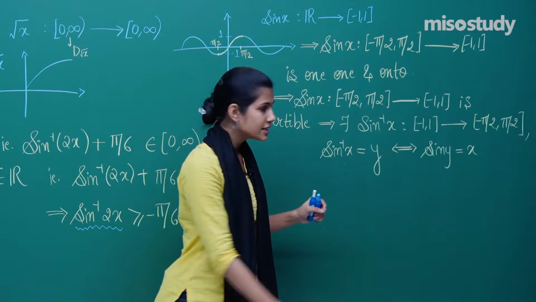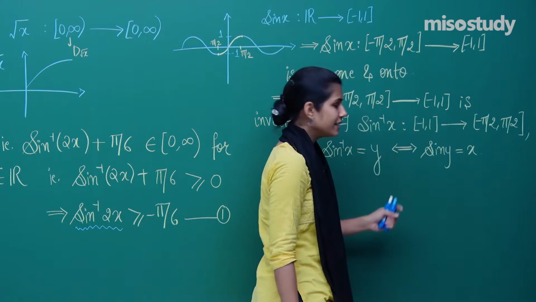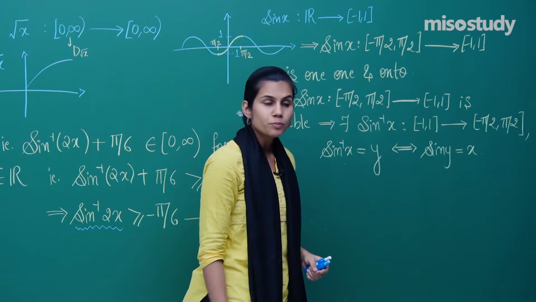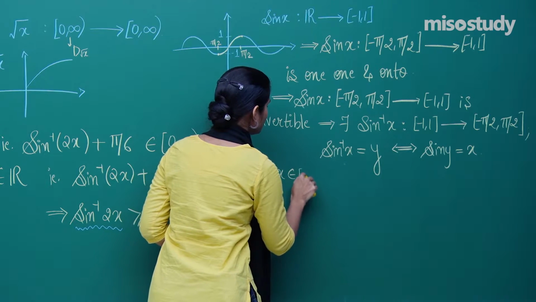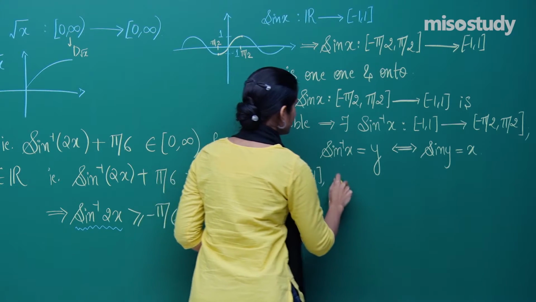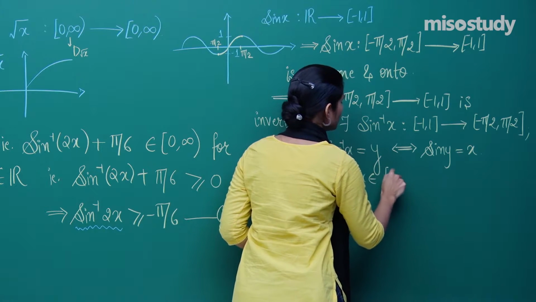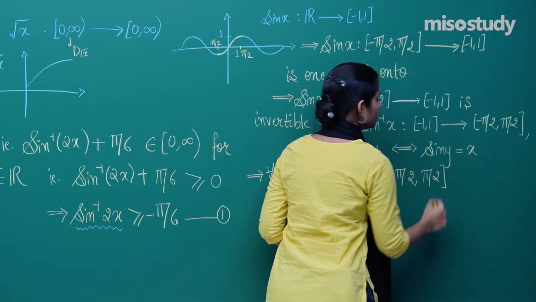I am just applying that same concept over here. And this means whichever x you put over here coming from minus 1, 1, sine inverse x is going to go inside minus pi by 2, pi by 2. That is, for all x belonging to minus 1, 1, sine inverse x belongs to minus pi by 2, pi by 2.